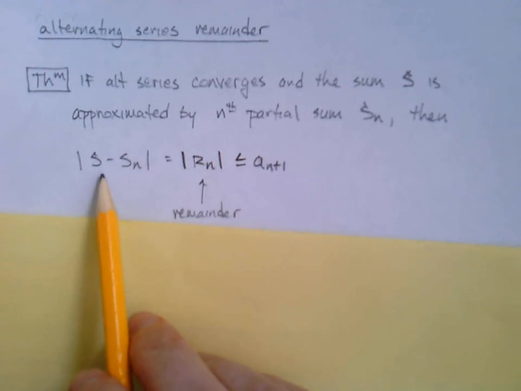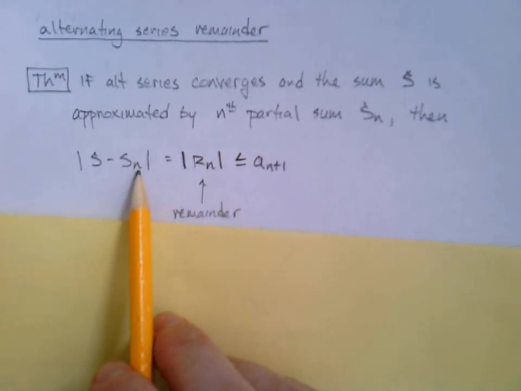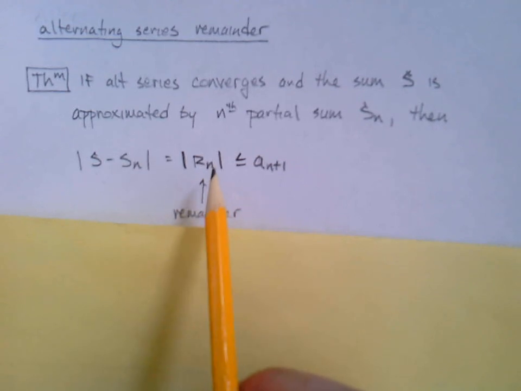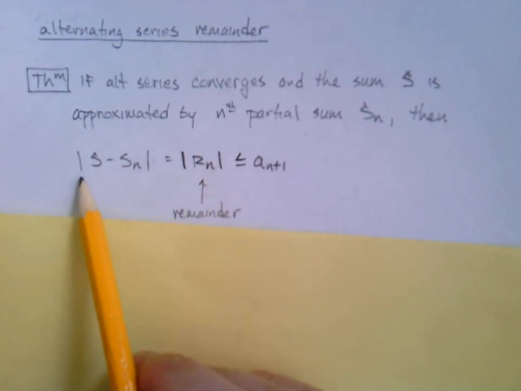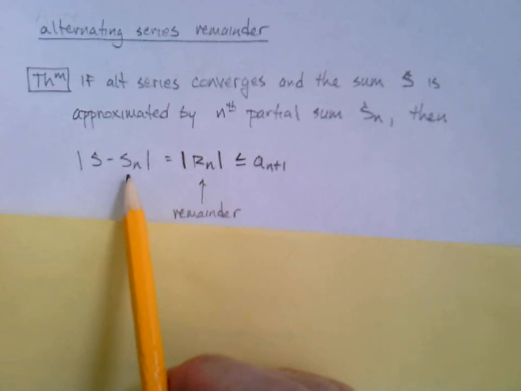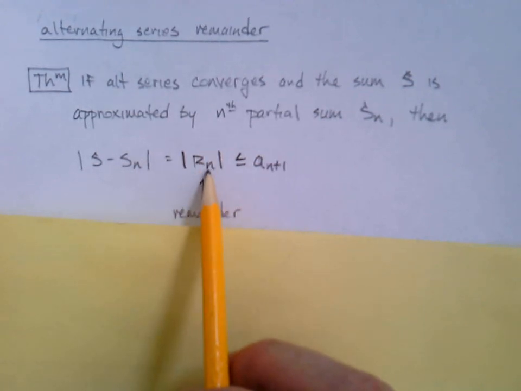If you were to take the difference between the actual sum and the nth partial sum, the approximation, we're going to call that R sub n. We throw absolute values on because we always think of a remainder or an error as being positive, like a distance. So whatever the error is, let's just give it a new name.